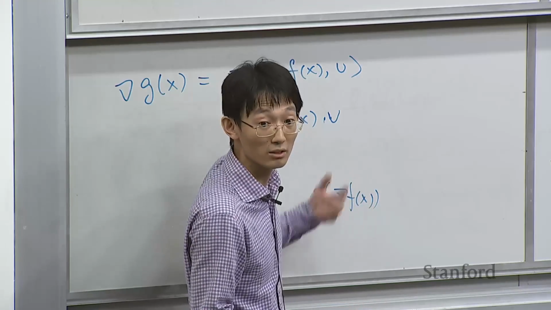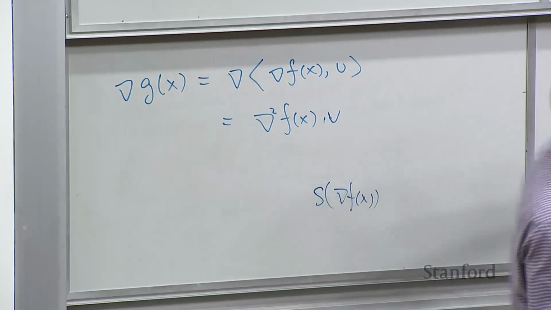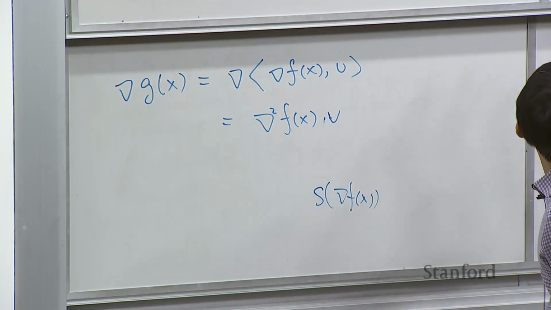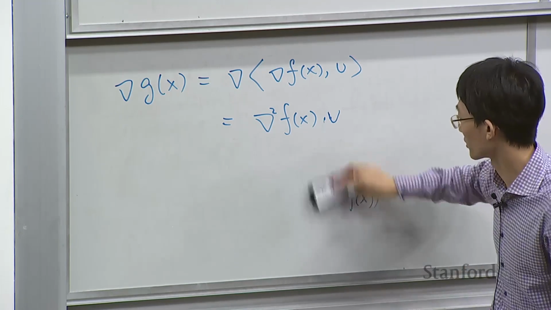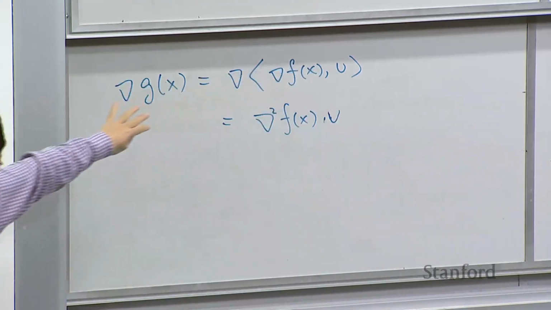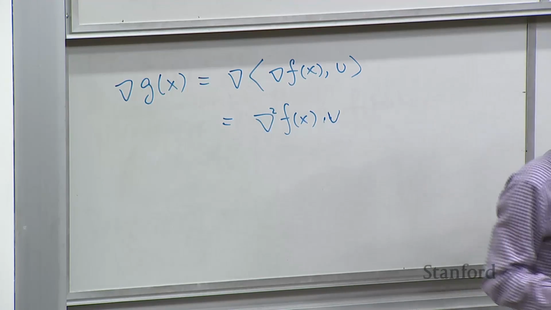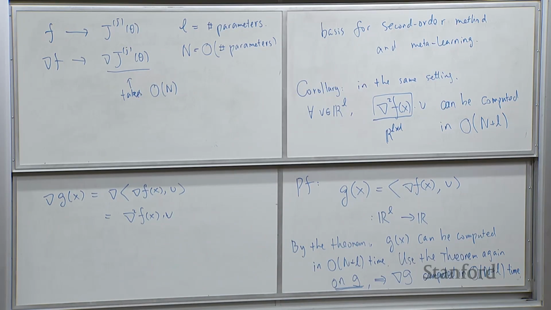And then you can take another derivative again. I'm not going to go into more details, but that's how people are using it in meta-learning as well. Anyway, this part is advanced material. We are not going to test it in any of the exams or homeworks, but I feel it is good to know to some extent, because this is used in many other more advanced situations.